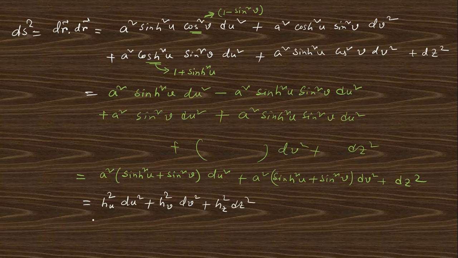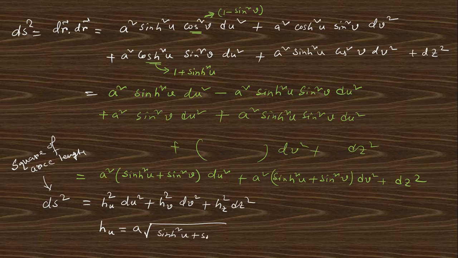So you can say this is the square of the arc length, and these are the length scaling factors. hu is a root under sine hyperbolic square u plus sine square v, which is nothing but hv, and hz is nothing but 1. These are the scaling factors, right? I think it is clear. If there is any query you must comment in the comment box.